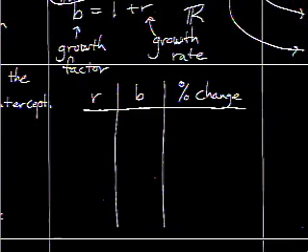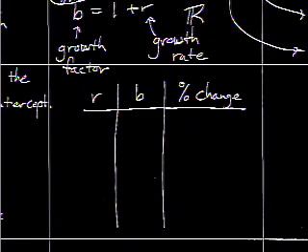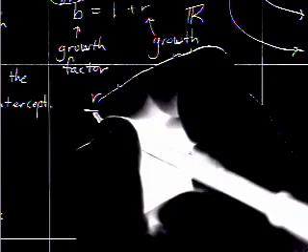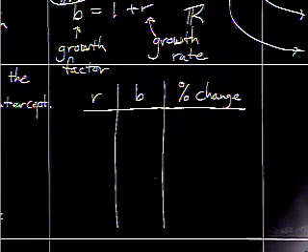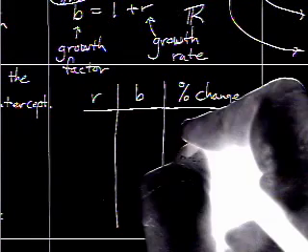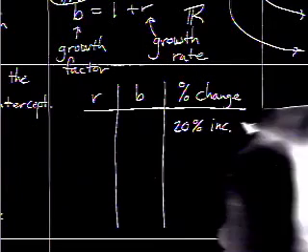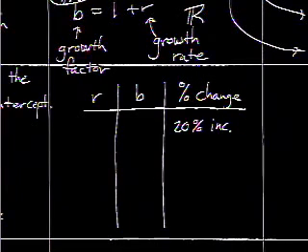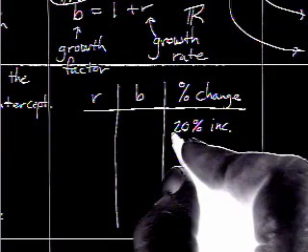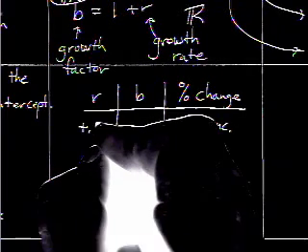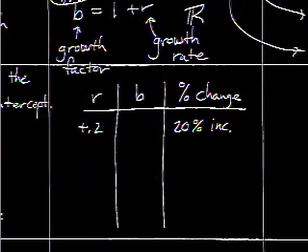So how do they relate together? Well, let's suppose we start out with a percent change of, say, we are 20% increasing. A 20% increase translates to a decimal of positive 0.2.